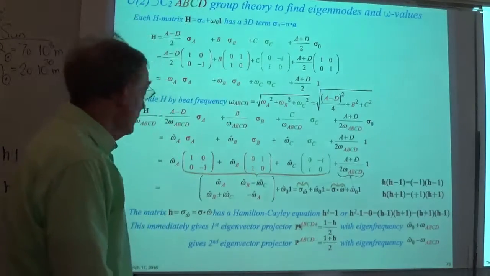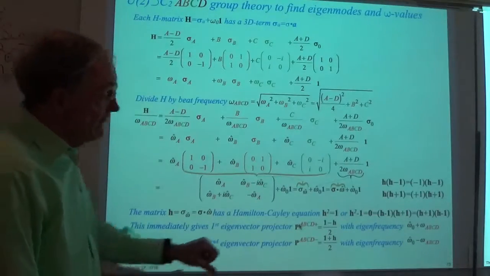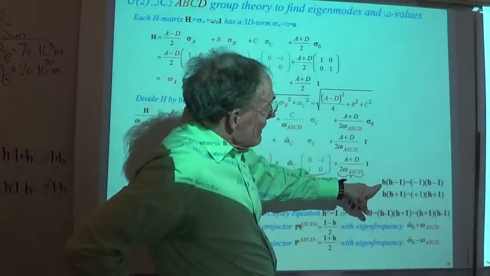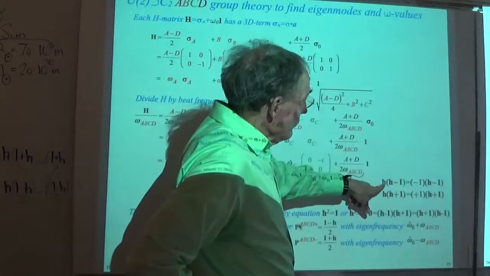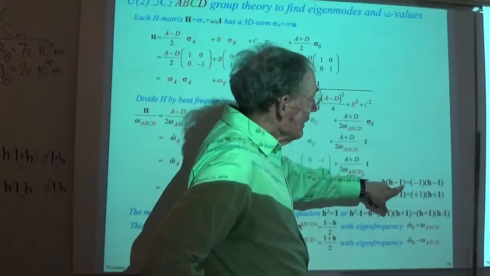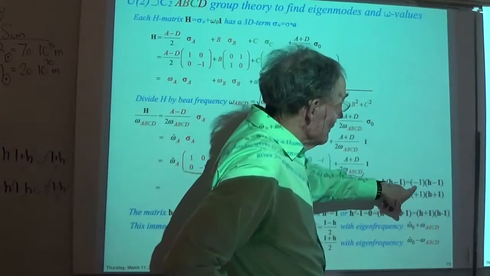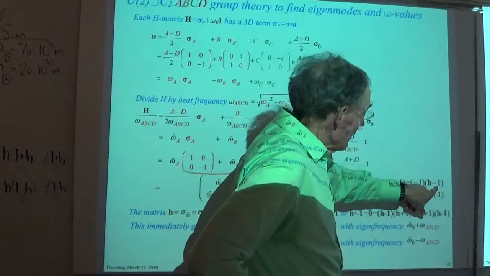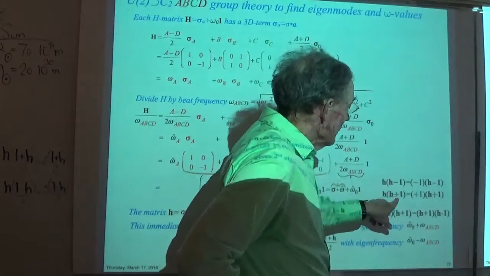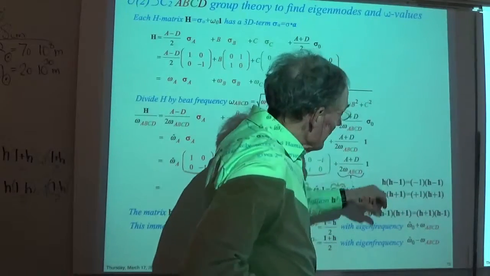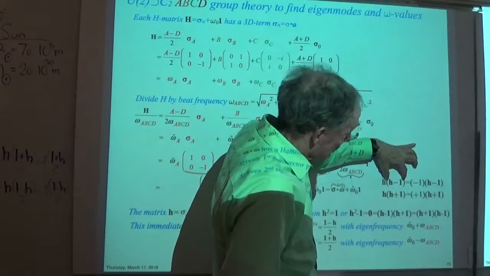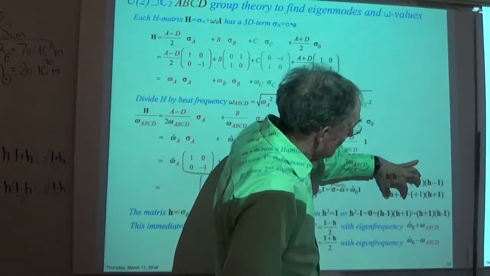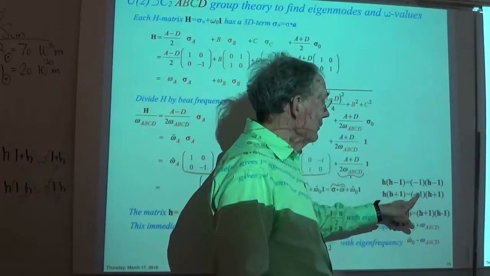Now, just to refresh you, I've written it on the board here. The idea is that h squared minus h is equal to, well, it turns out to be minus h plus 1. And then this one has a similar thing. But that's a projector, a proto-projector. That's the other proto-projector. Here are the two eigenvalues, plus and minus 1.